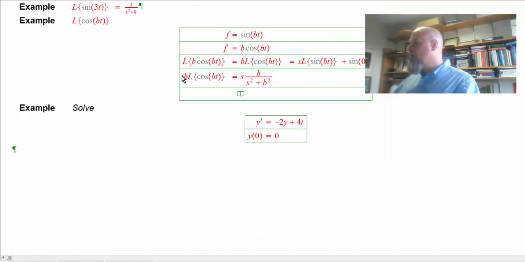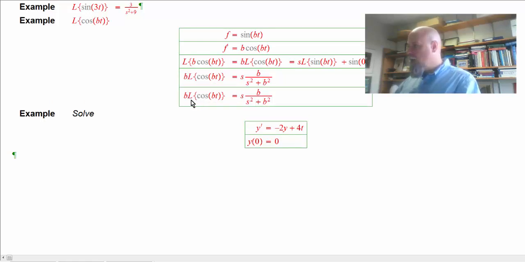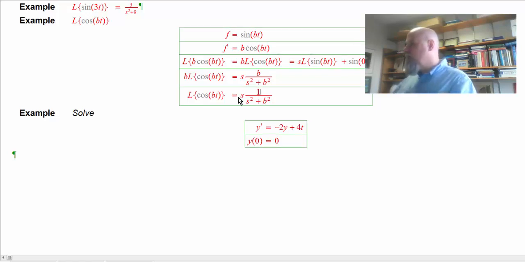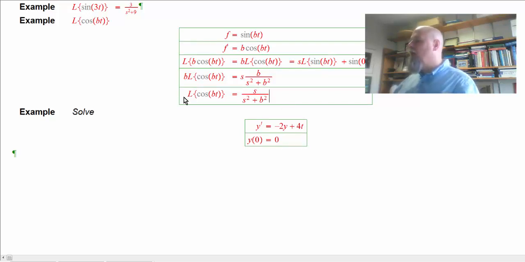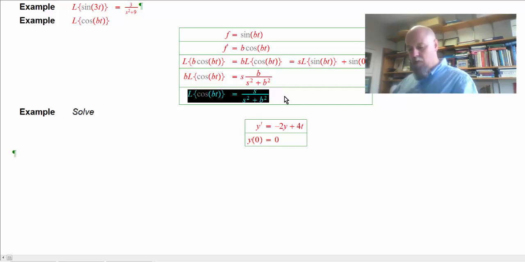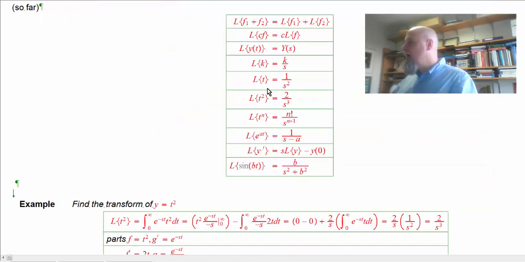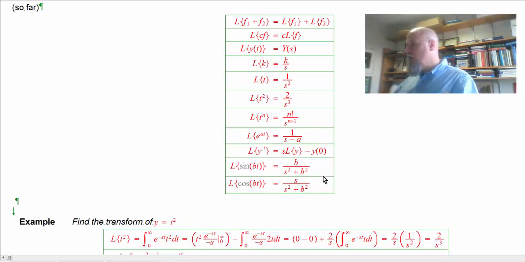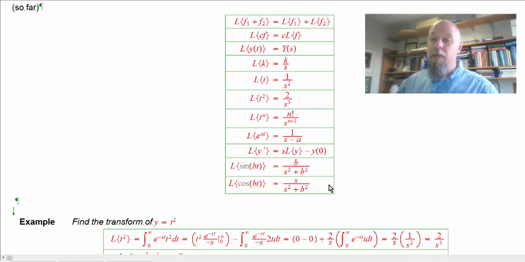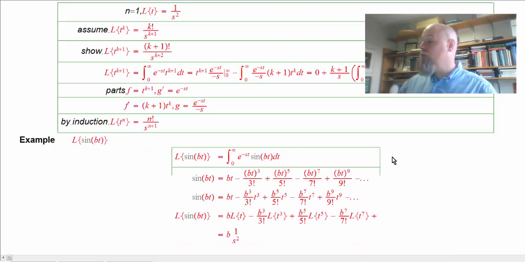I can cancel b off both sides. That's a 1. And I can just put that s on top, I guess. So now I've got the Laplace of cosine bt. I can add that to my chart. So we transform that with just using our derivative rule. As promised, the bigger chart we get, the more of these tools we have to work with, the less actual integration I have to do.